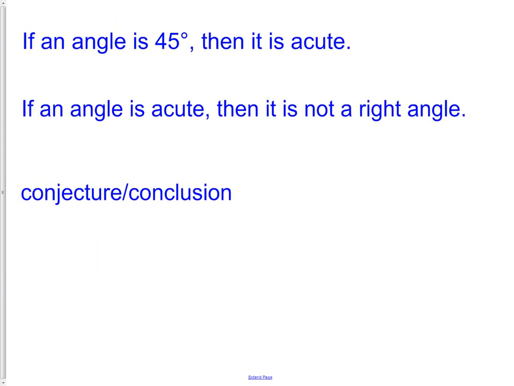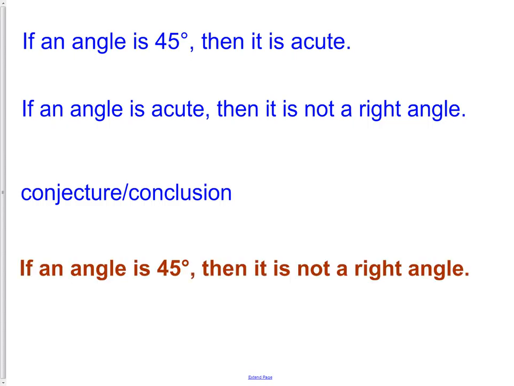Let's see how it works. If an angle is 45 degrees, then it is acute. If an angle is acute, then it is not a right angle. Can we make a conjecture or a conclusion from this? Yes, this isn't too hard on this one.